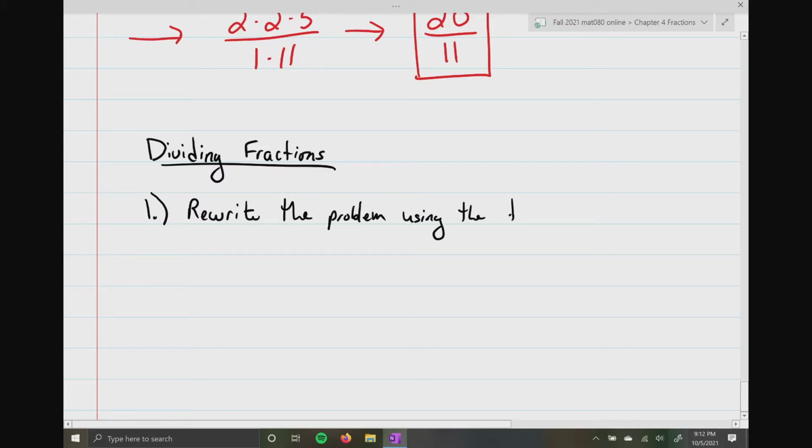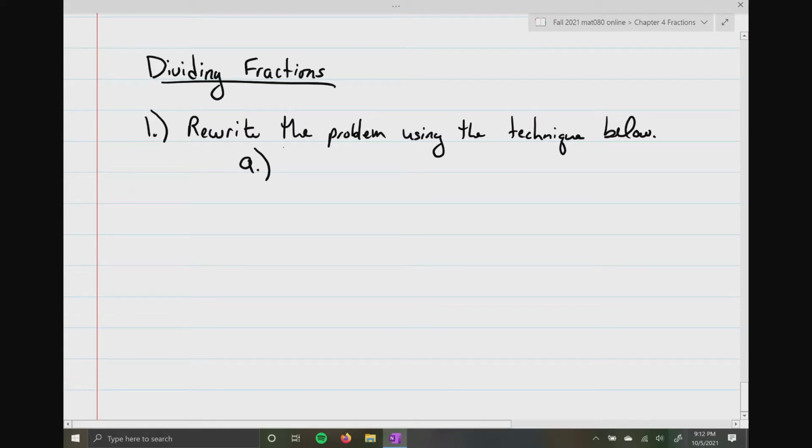Using the technique below. All right. So here's our technique. A. It looks like a 9. Let me rewrite it. A. Rewrite the first fraction.